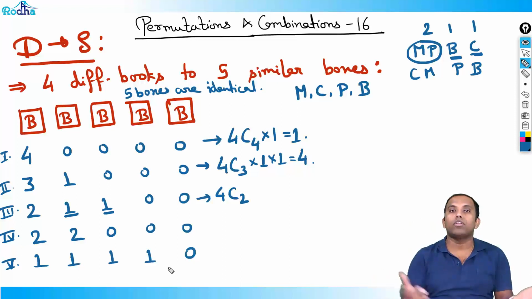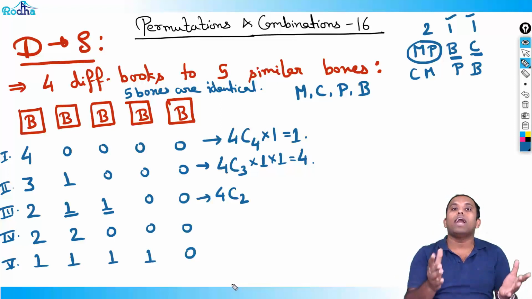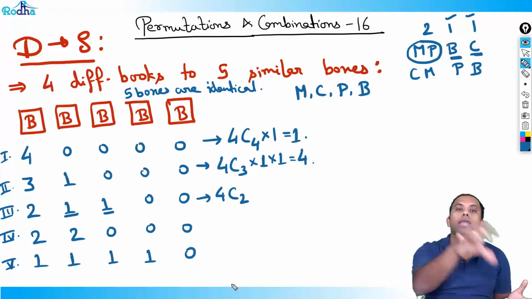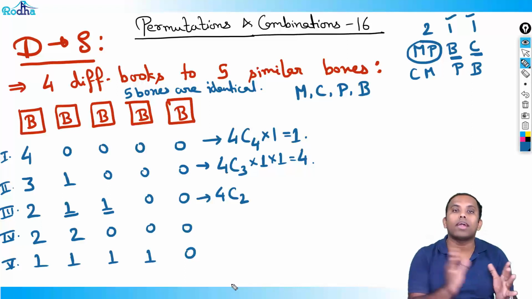So 2, 1, 1. Understand this thing, right? When you select two books, two books are left. Out of those two books, you have to make groups of 1, 1. So there is no option of selecting. In either of the groups, only one book will be there. It won't make any difference, because that group of 1 will be put in any of the boxes in only one way, because all the boxes are identical.